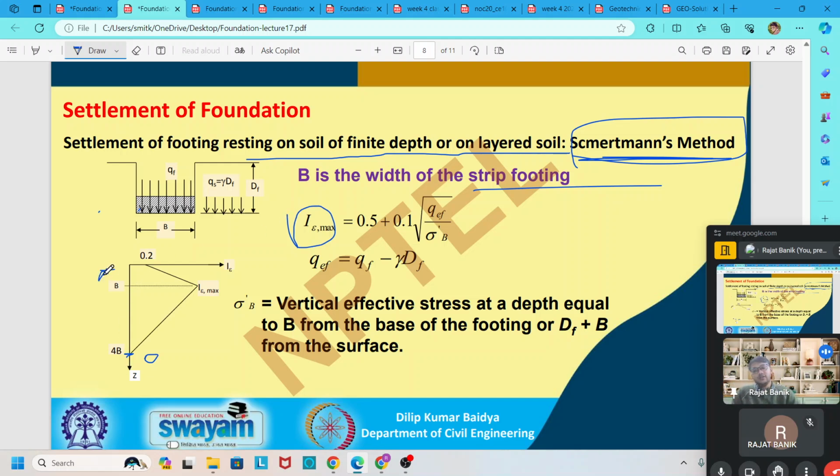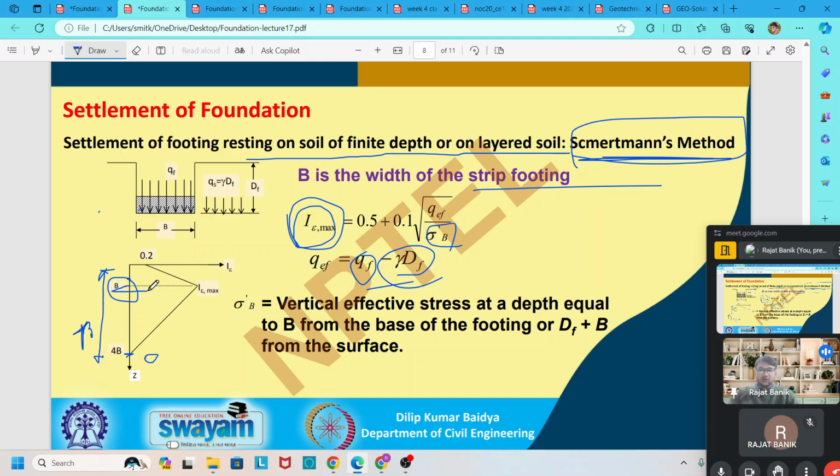This length, from here to here, is 4b, and at a depth b we get the maximum influence factor, which is equal to 0.5 plus 0.1 into root over q_ef by sigma dash b, where sigma dash b is the effective stress at a depth of b, and q_ef is q_f minus gamma D_f, where q_f is the pressure coming from the structure on the footing and gamma D_f is the surcharge.